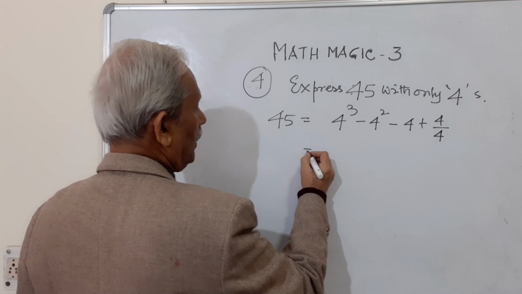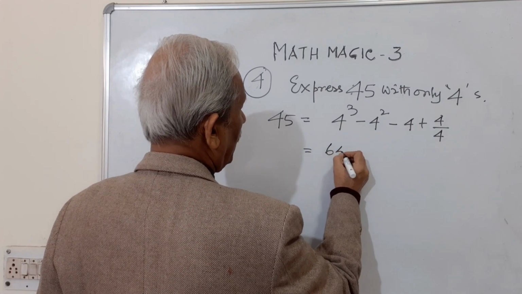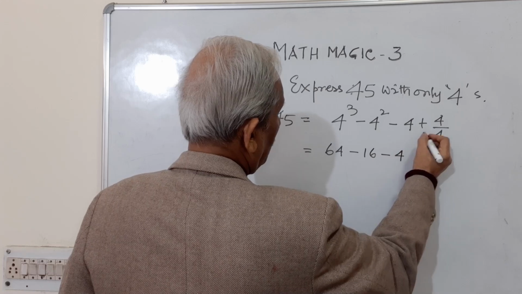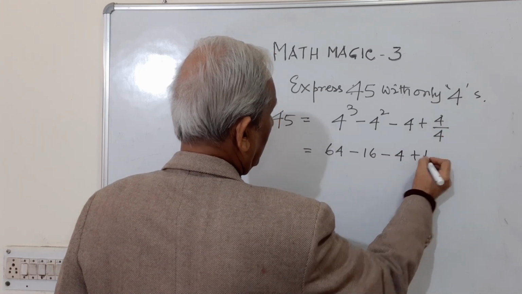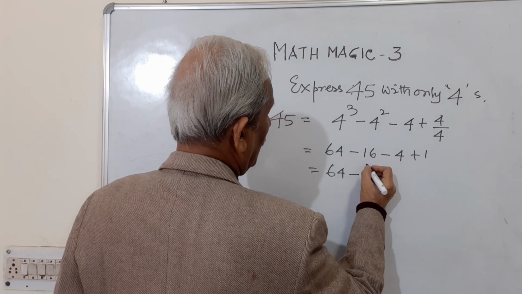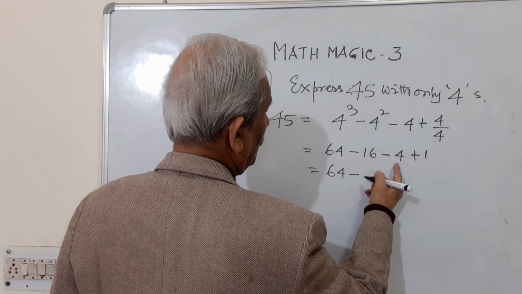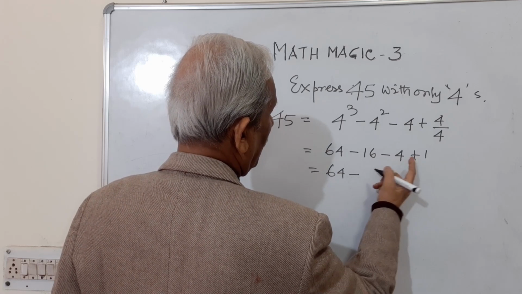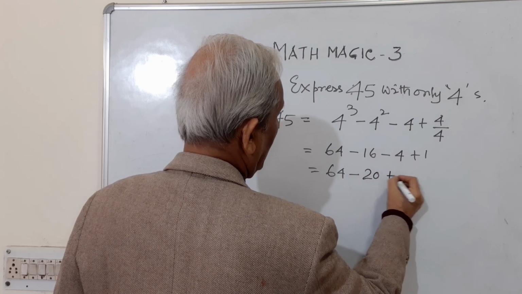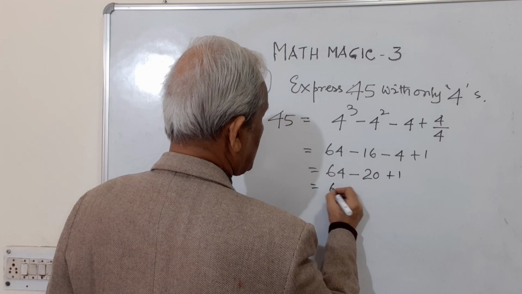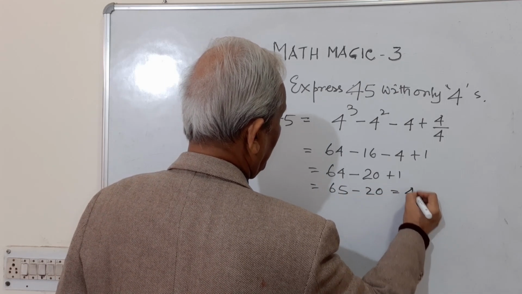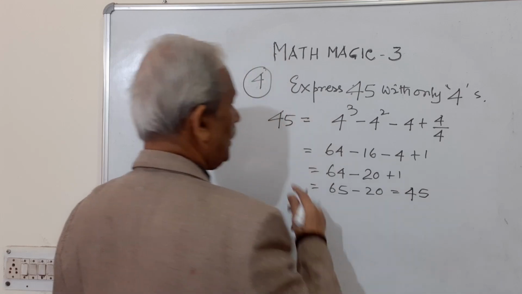Check it. 4 cube is 64, minus 16, minus 4, plus 4 by 4 is 1. 64 minus 16 minus 4 is 20, and this is 1. This is equal to 65 minus 20, which is equal to 45. I think you have got it.